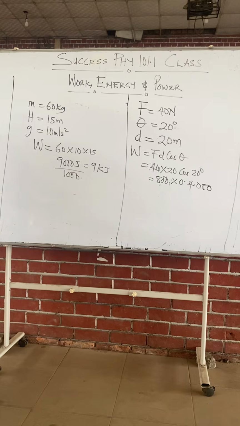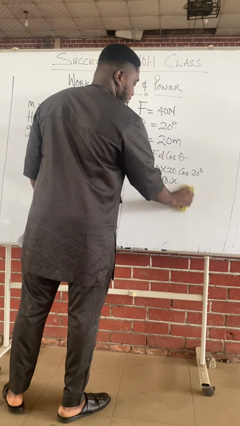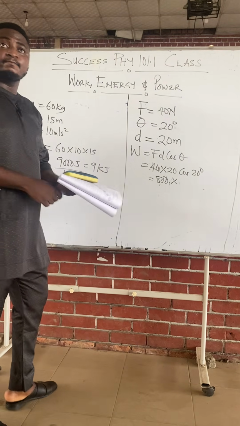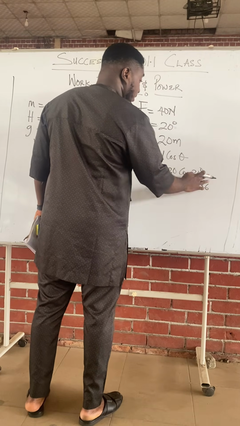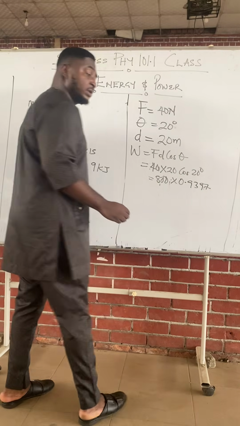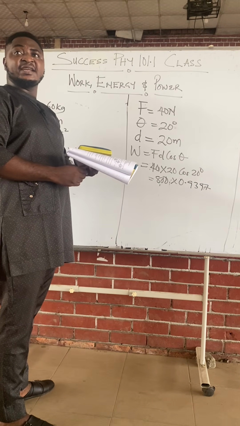Please be checking your calculator well. Cos 20 is approximately 0.9397. So what is 800 times 0.9397?